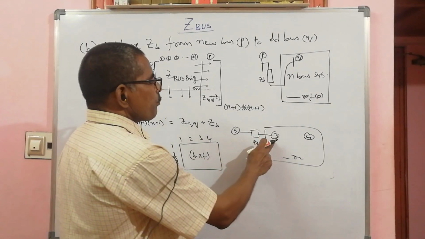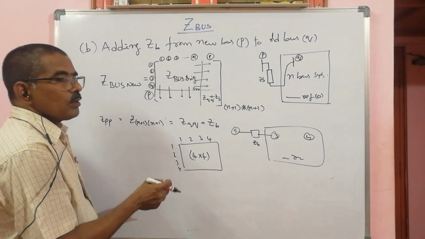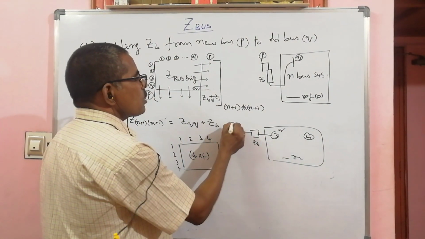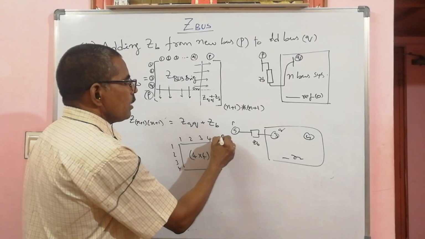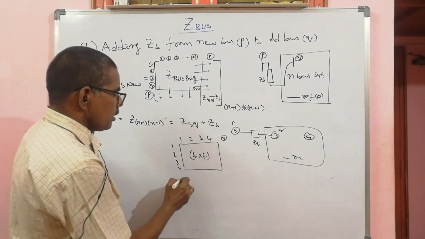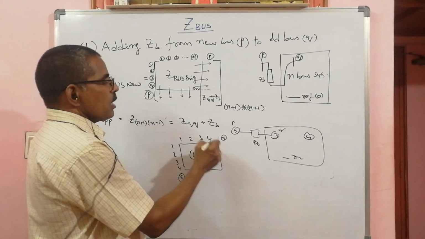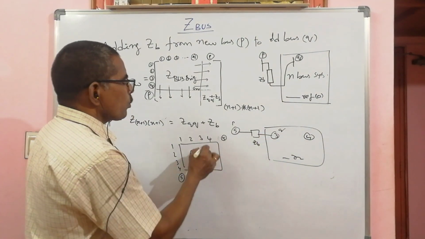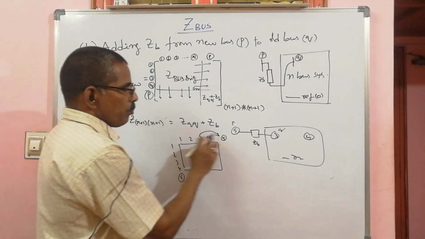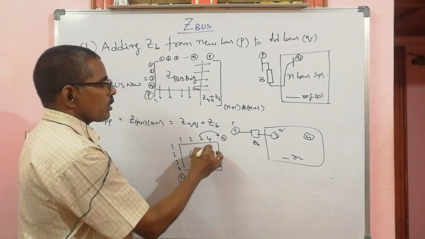Now you are adding between 5, which is the new bus, and the existing third bus. That is very, very important. This is your Q and this is your P. So you get an extra row and column corresponding to P, that means the fifth bus. Then the modification suggests you copy corresponding to Q, that means corresponding to the third, not the fourth. What is Q? Q is 3. So the third bus values you transfer.